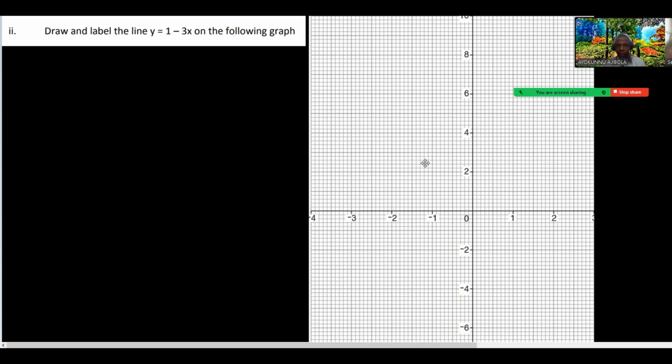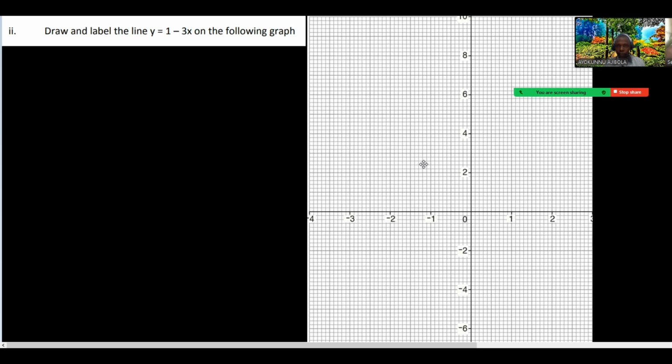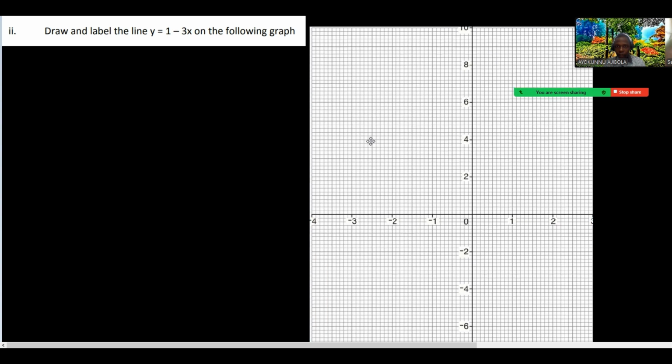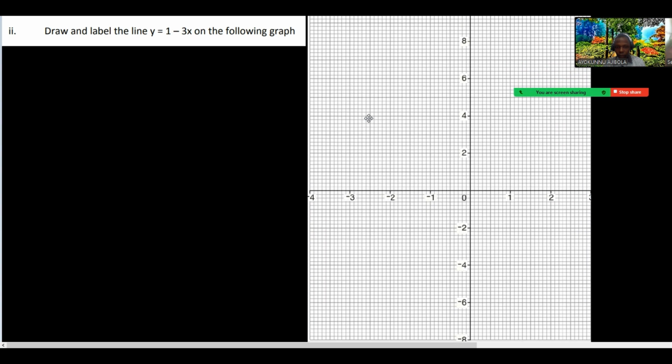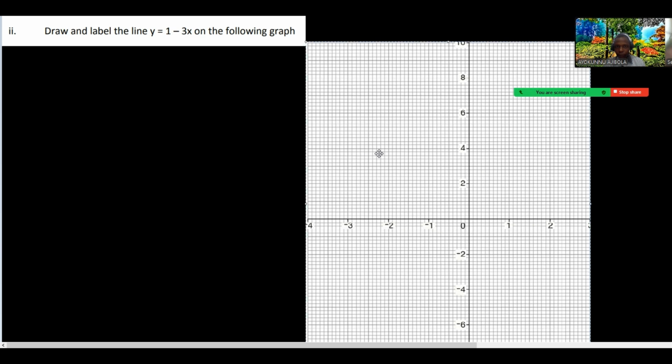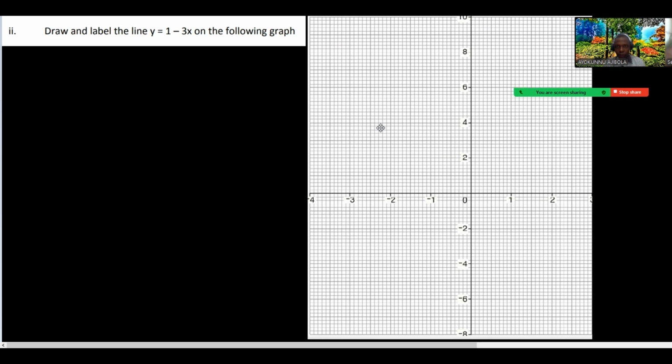Can you see the graph sheet? Let me try and reduce it a little bit so that it can fit this particular screen and still retain all of the values. Okay, fine.